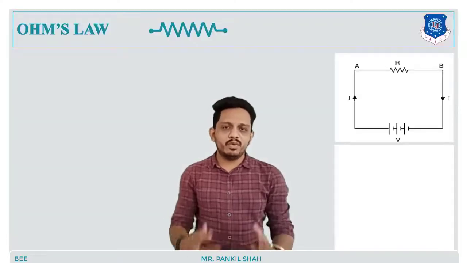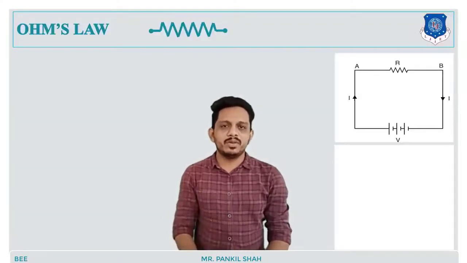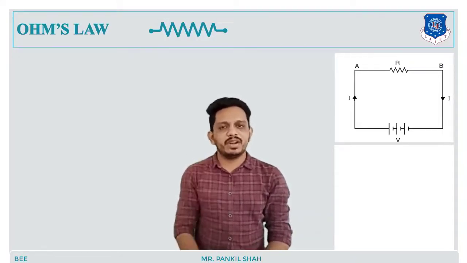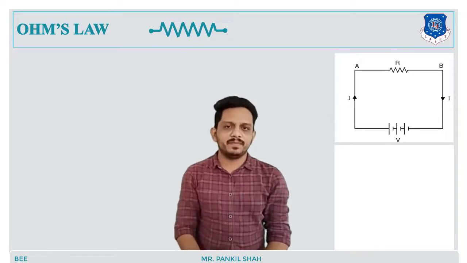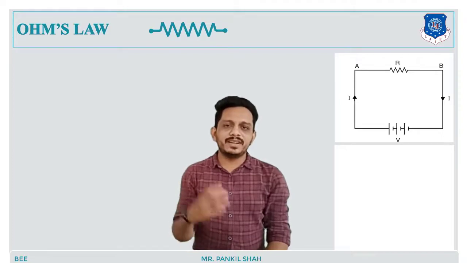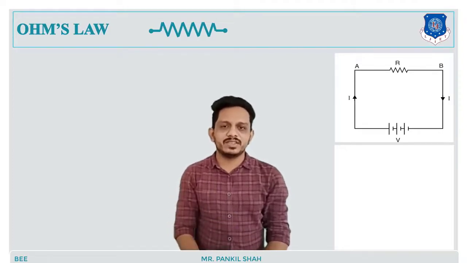Before going to the statement of Ohm's law, let's consider this figure. Here we have considered one piece of conductor, or one piece of wire, which has resistance R. We have represented that conductor in terms of its resistance.